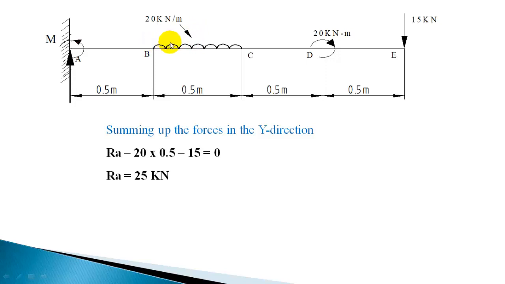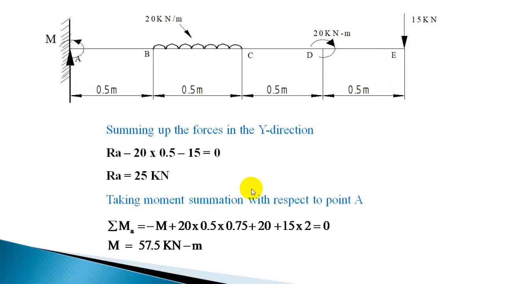It will act at a distance of 0.25 meter from B. From A, 0.5 plus 0.25, 0.75 meter. So the moment of this is 20 into 0.5 into 0.75, and this couple is 20, so plus 20, and again 15 into the distance, which is 2 meter. So that will give the moment summation.